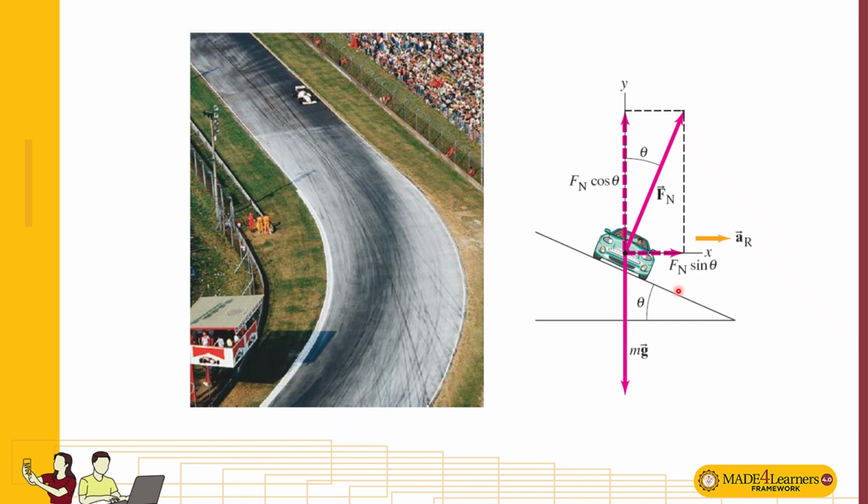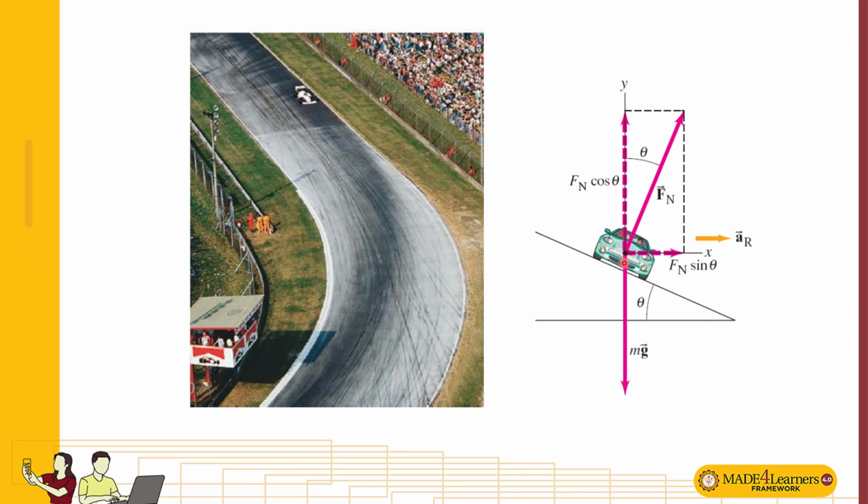The angle of safety would depend, of course, on many factors. One is the type of material used on the roads and the automobiles that are passing on those roads. There is a component that is directed towards the center of the circle, which is only a part of the normal force, as you can see here.